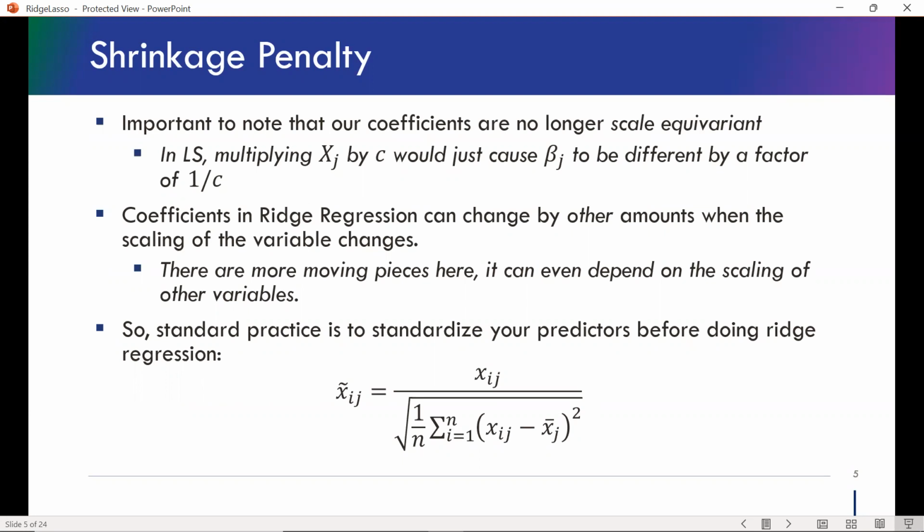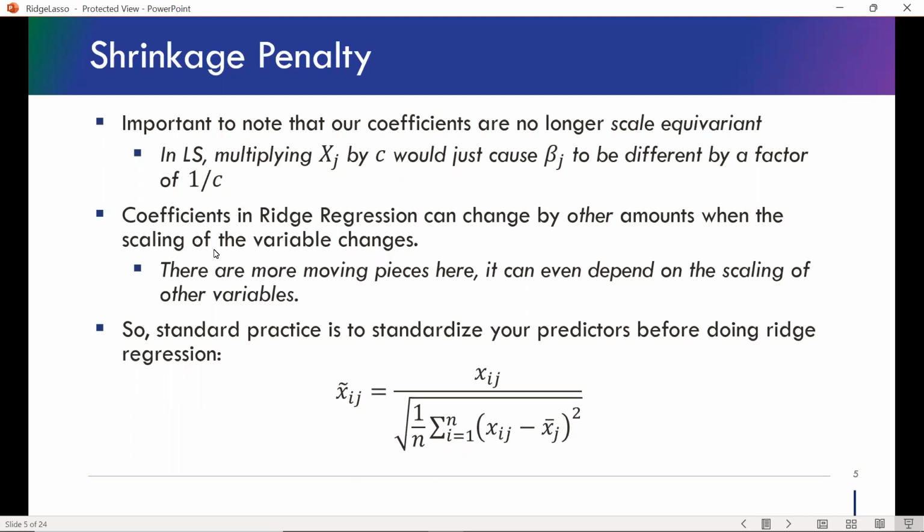It's important to notice that the coefficients are no longer scale equivalent. What is scale equivalent? Remember when we do the least square estimate, if we multiply our predictor xj by a factor of c, it would just make our coefficient estimate beta j differ by a factor of 1 over c. So in that way, xj times beta j stays the same.